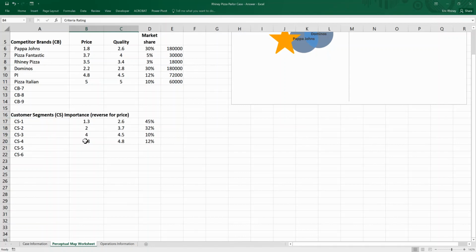It's less important to them. So this customer segment 4 does not really worry about price at all. They're highly worried about quality. This is still on the 5-point scale, and it's still 1 low, 5 high. You see that this segment is not price sensitive, but they care about quality. Similar in terms of this segment as well. We also have the market share for each one of these segments.